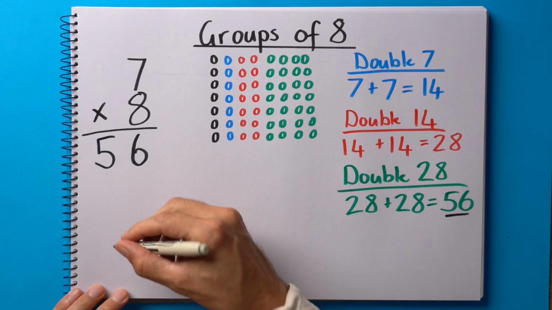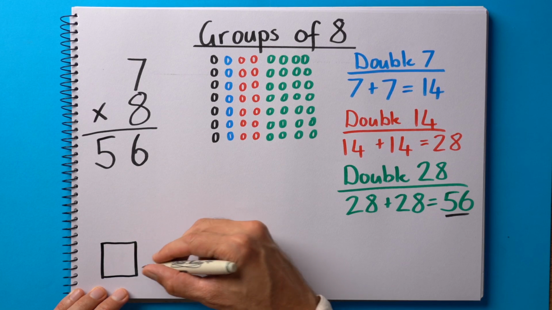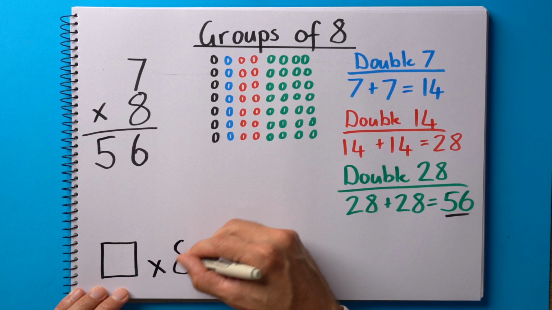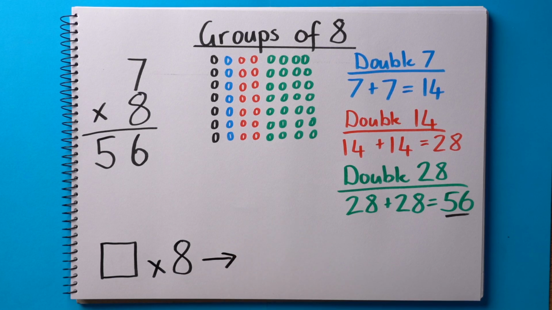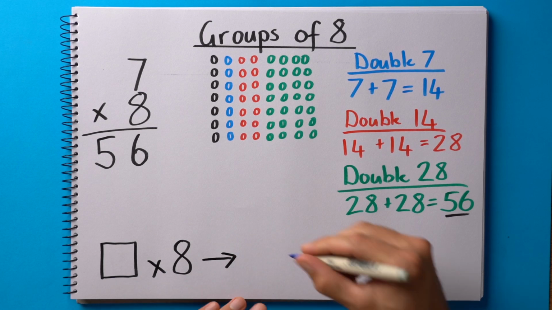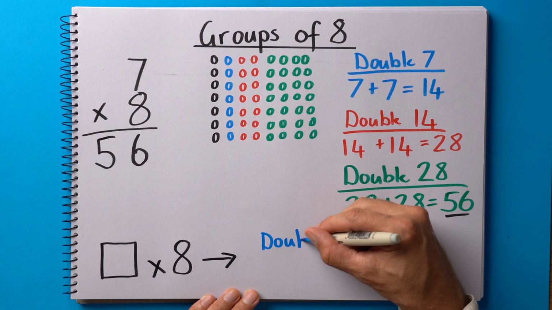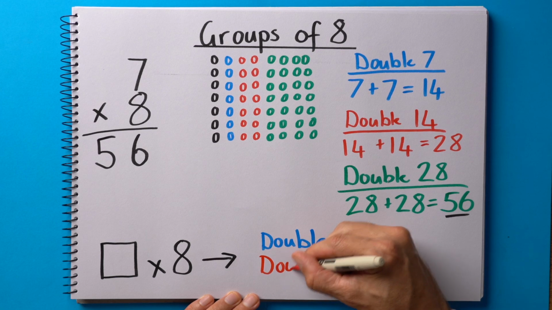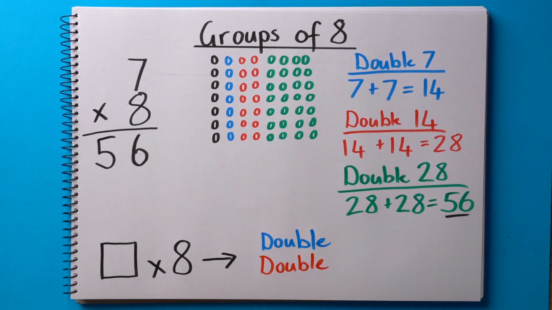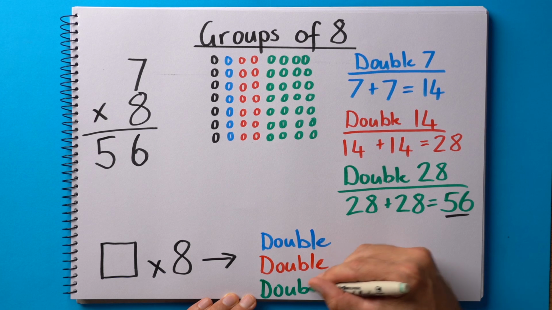But more importantly is the strategy here. You can take any number you want to find a group of 8 of that number. And what we need to do is we need to double, and then we need to double.